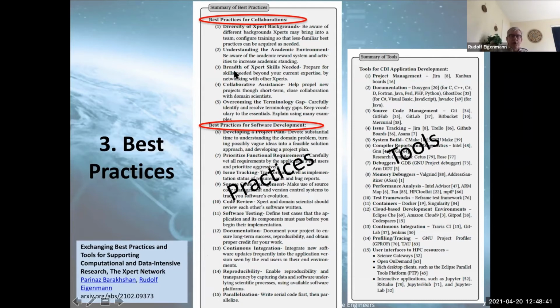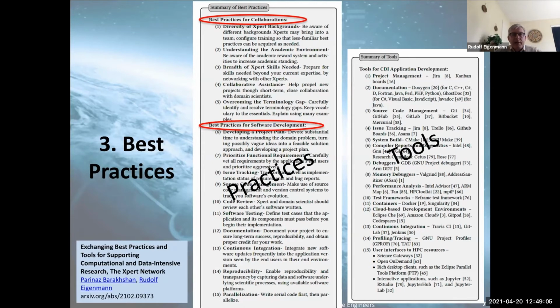Maybe just one or two that I pick out of this summary list of best practices. There are two categories. One is best practices for collaboration. Let's pick number two. That's actually an interesting one. I think that was first mentioned by Henry Niemann, who many of you know. He's doing this virtual residency program.